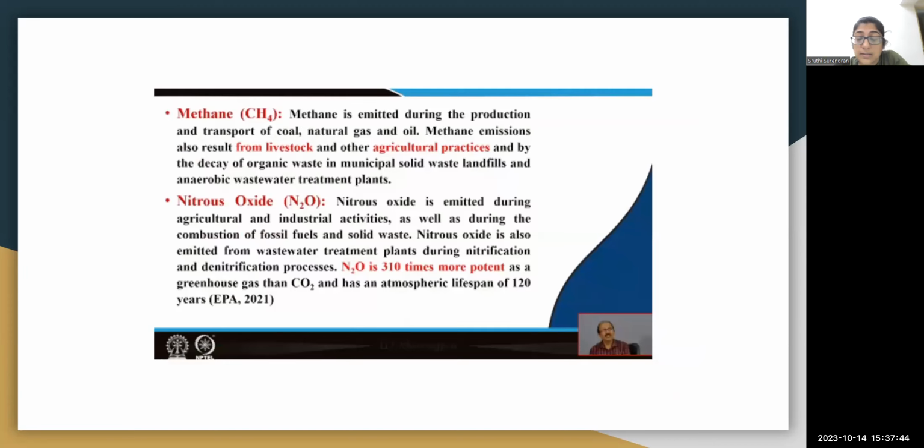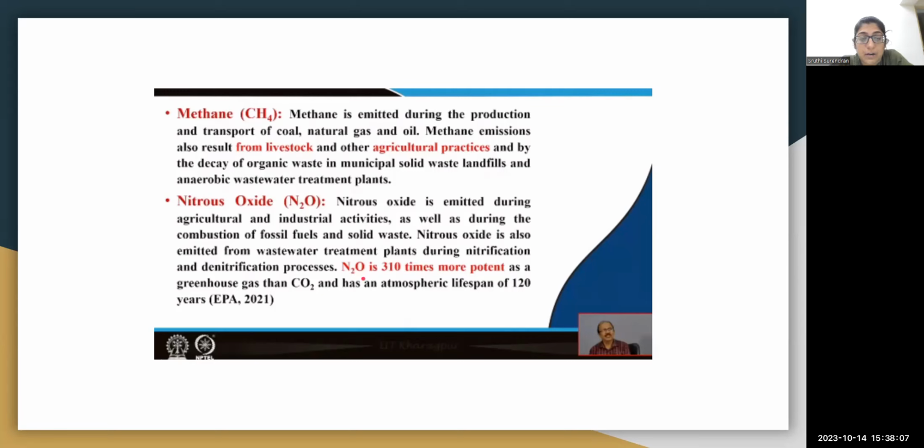Methane has a potency of 21 times more than carbon dioxide. N2O, nitrous oxide, is 310 times more potent than carbon dioxide, and it has a lifespan of 120 years. So this is the impact of these gases.